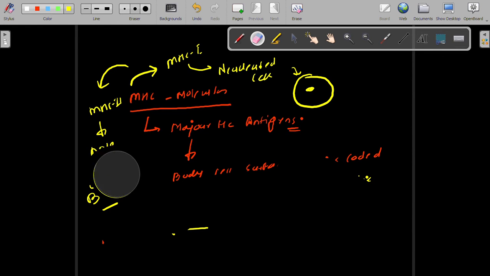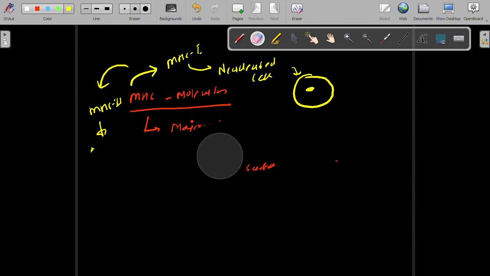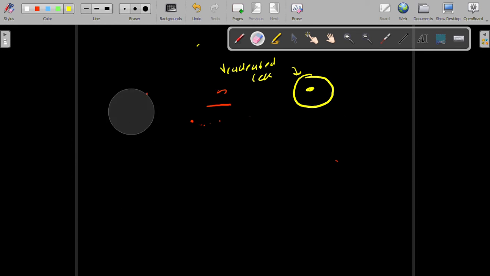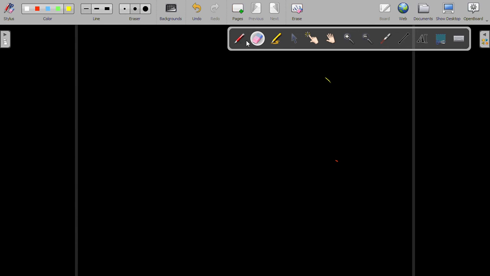Let us see in some more detail. The T cell receptor recognizes antigenic peptide on MHC complexes.